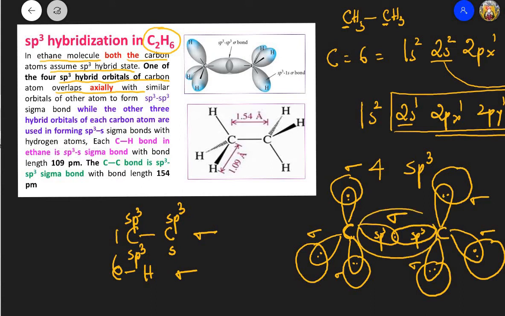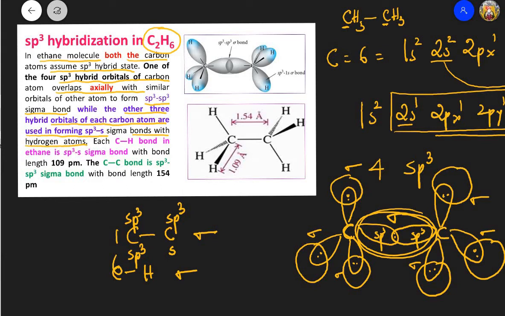Here what I have shown you is axial overlap to form an sp3-sp3 sigma bond, while the other 3 hybrid orbitals of each carbon atom are used in the formation of sp3-s sigma bonds with the hydrogen atoms, right?